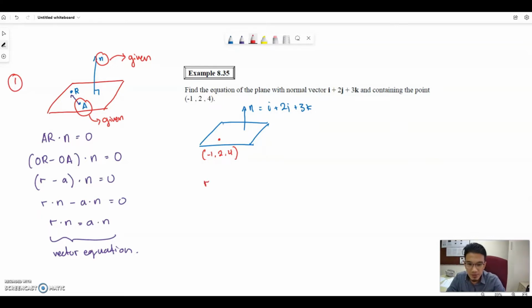The equation of the plane starts with r dot n equals a dot n.